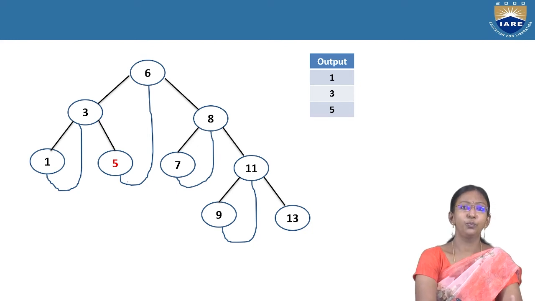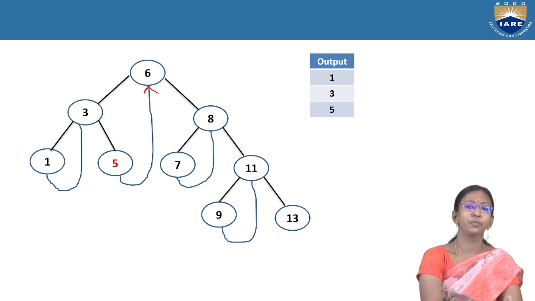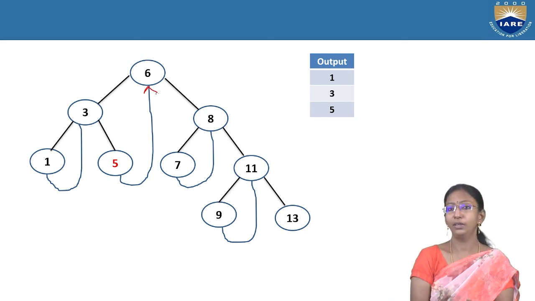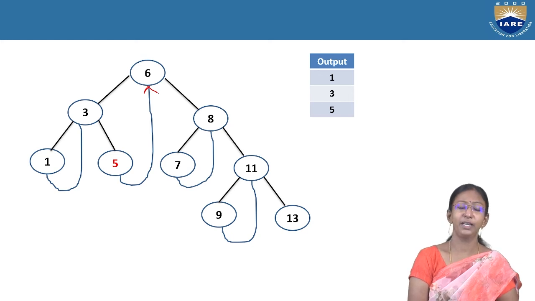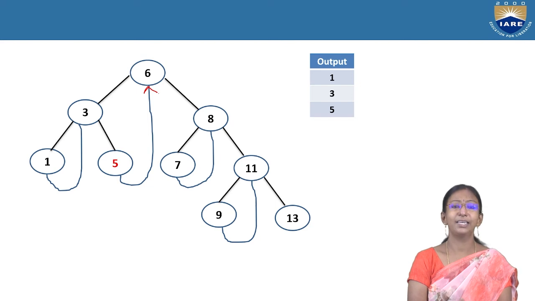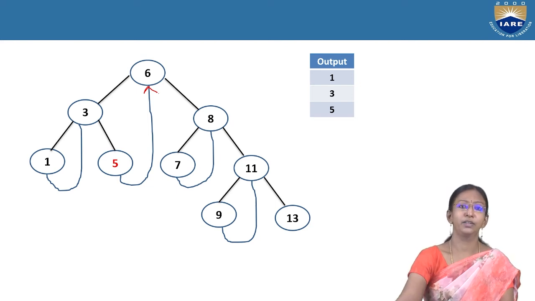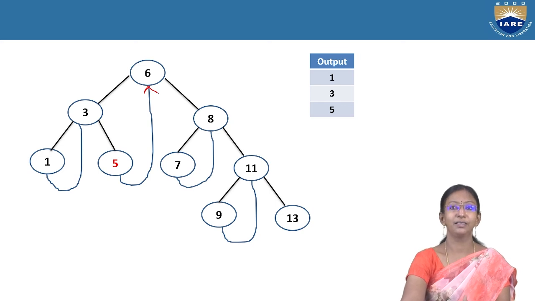So now to which element is 5 hooked? 5 is threaded to 6, right? As 5 does not have any left or right child, it is directly threaded to the root node 6. The next character that we are going to present in the infix expression, or in-order traversal, is 6, right?